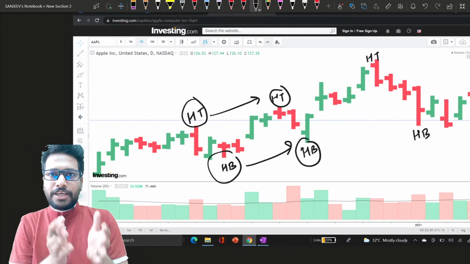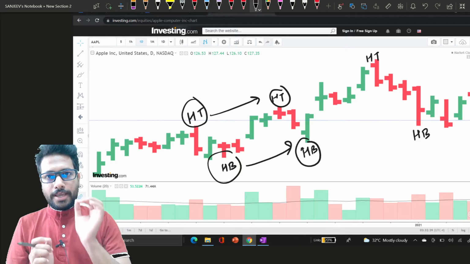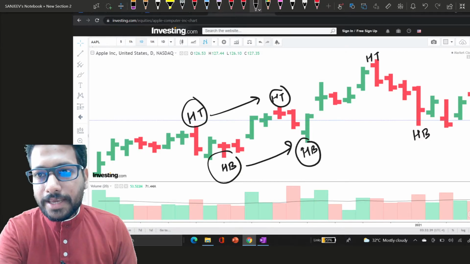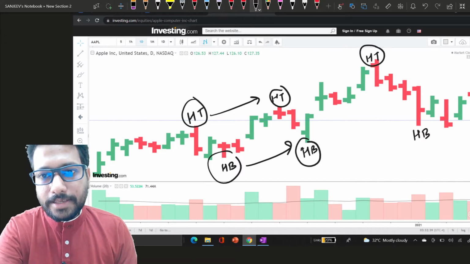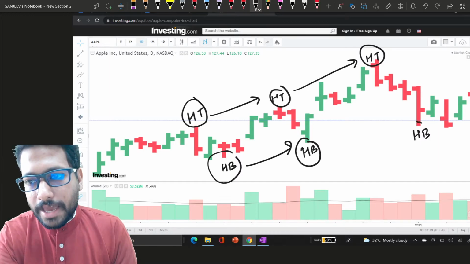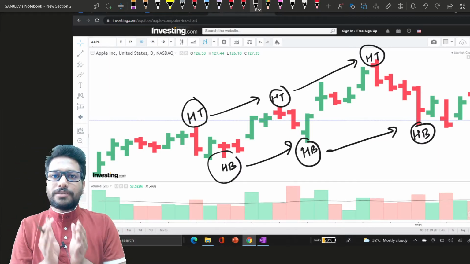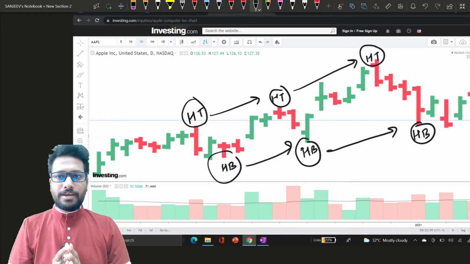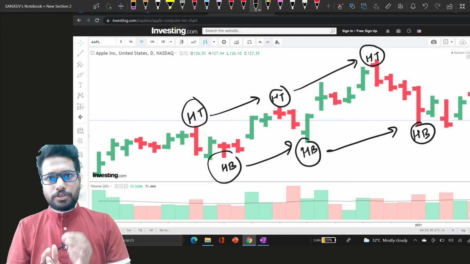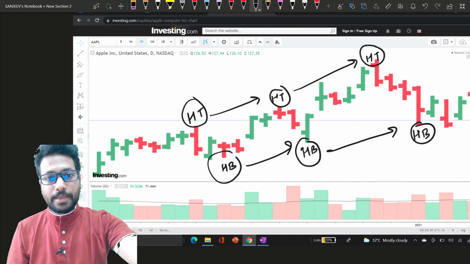If this trend continues for the next certain days or certain points in the analysis, you will say the next higher top is greater than the previous higher top, and again the next higher bottom is greater than the previous higher bottom. So this is showing an increasing trend towards one direction. So you can simply say that it's an upward trend.